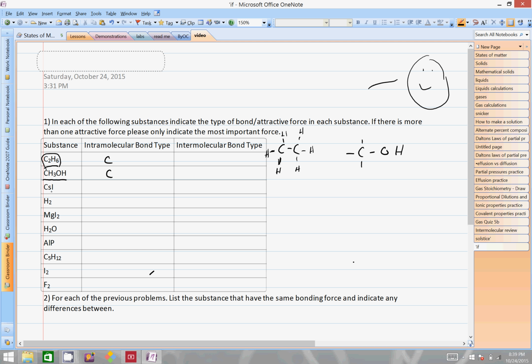Alright, we've got cesium iodide. This is a metal, non-metal. This is ionic. And if you were to draw a structure of this thing, it would just be cation, anion, cation, anion, cation, just sort of in a bulk crystal.